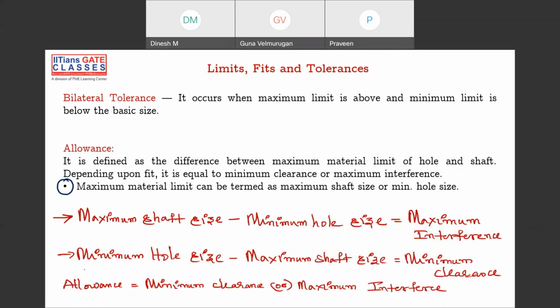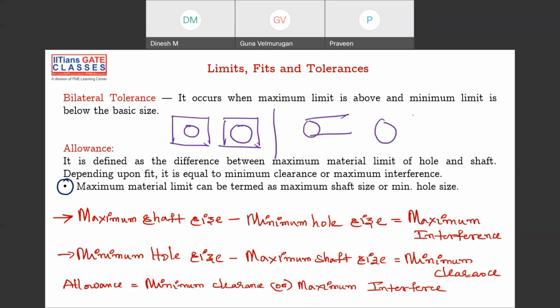To understand it, if I take two things: smaller hole size, bigger hole size; in terms of shaft, smaller shaft, bigger shaft. Case 1 and case 2 in hole, case 1 and case 2 in shaft.